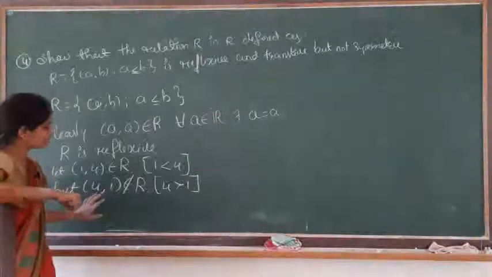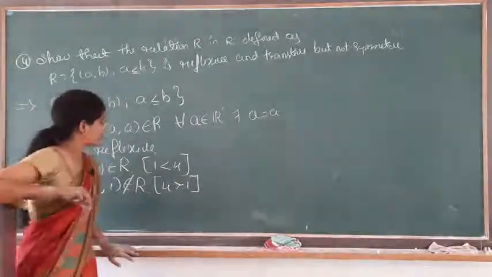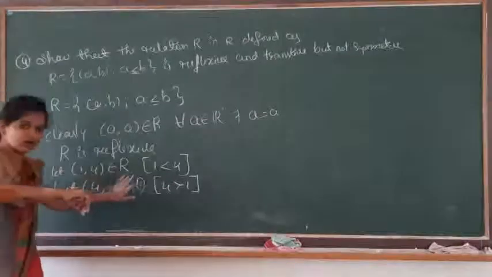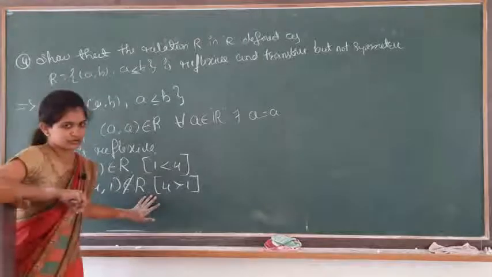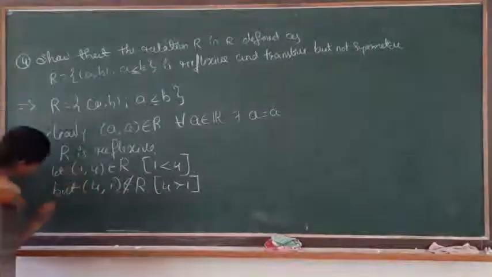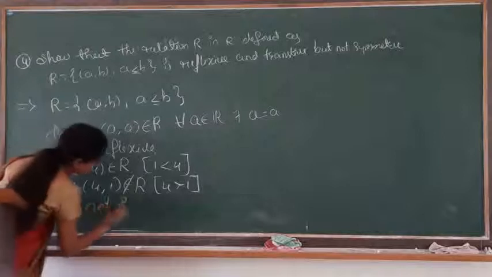Then (1, 4) belongs to R, but (4, 1) does not belong to R. That's why the given relation is not symmetric.